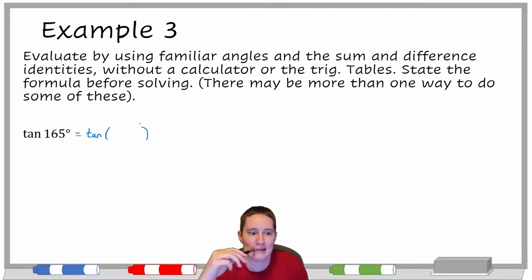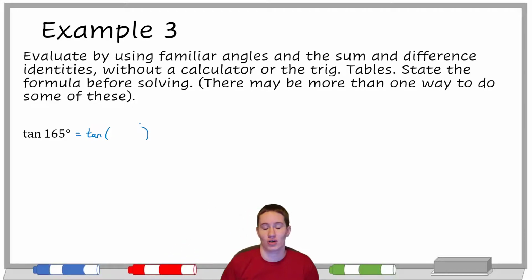We need a bigger angle. You can't do 90 and 45, but we're getting closer. 120 and 45 would work. I essentially was visualizing the unit circle in my head.